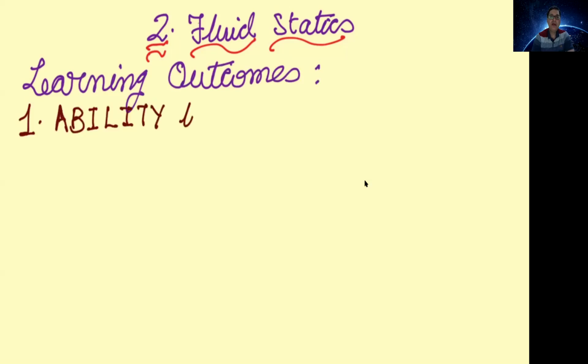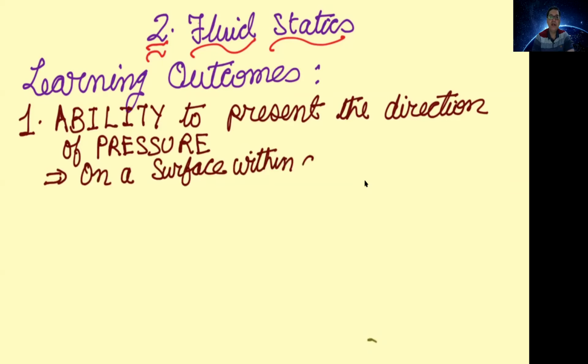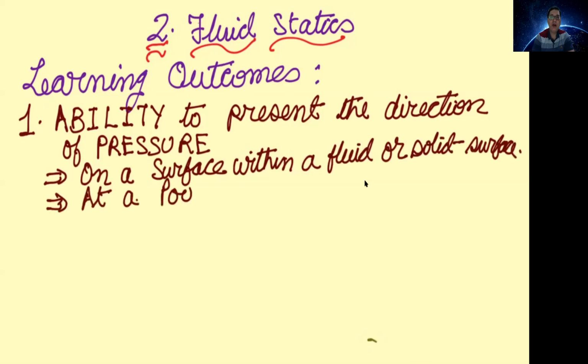The first learning outcome expected after this topic is that you should develop an ability to present the direction of pressure firstly on a surface, which could be within a fluid or over a solid surface. And you should also have the ability to know the direction of pressure at a point. So the ability for the direction of pressure is expected from this learning outcome.